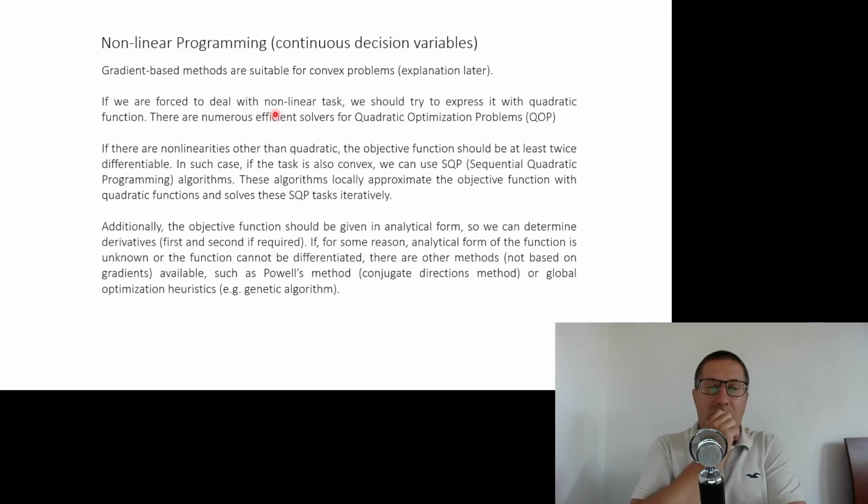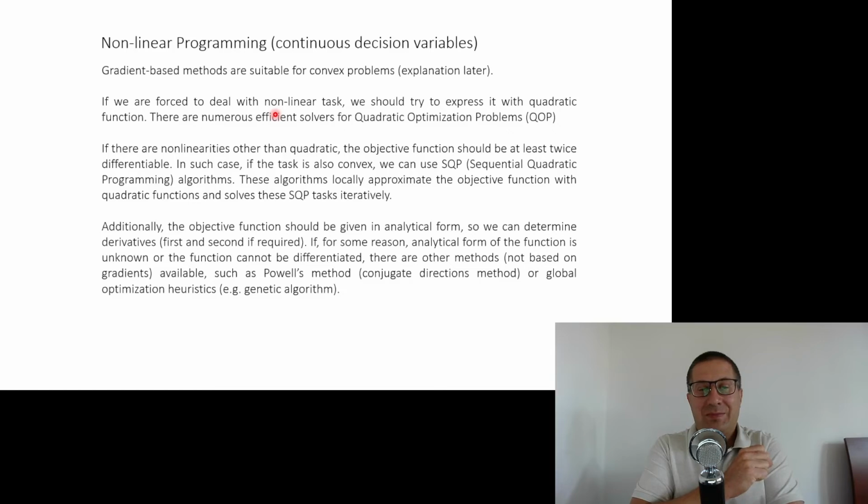Yeah. So additionally, the objective function should be given in an analytical form, so we can determine derivatives first, and sometimes, if it's required, the second derivative. Well, sometimes, for some reasons, the analytical form of the function is unknown, or the function cannot be differentiated.